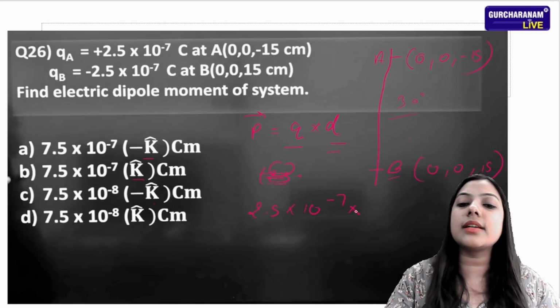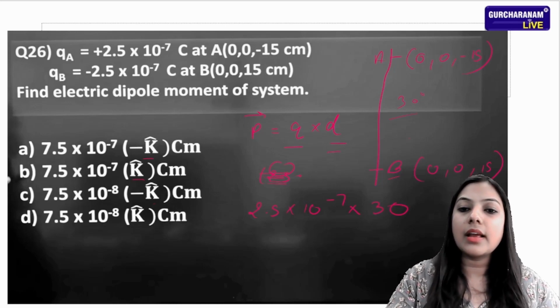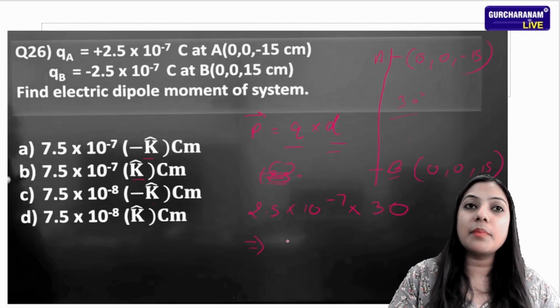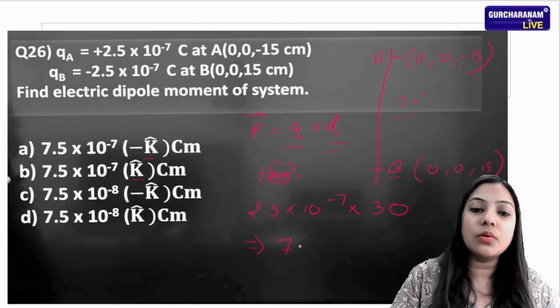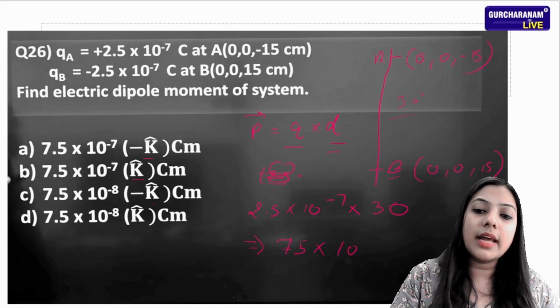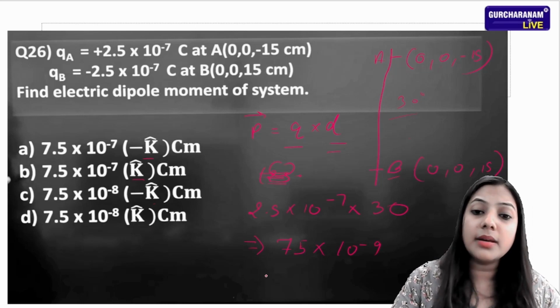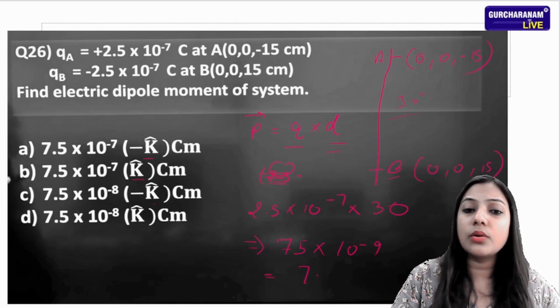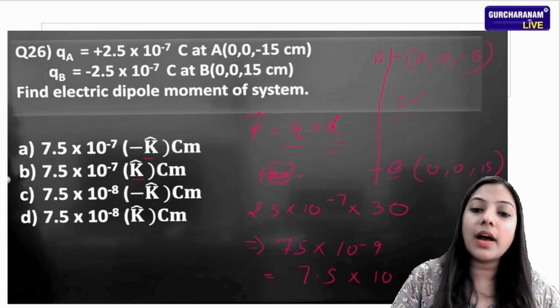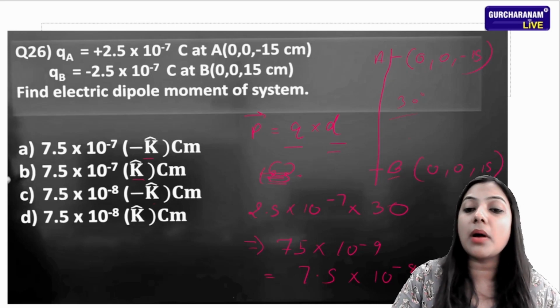So we take the distance 30, and if we multiply, we get 7.5 multiplied by 10 raised to the power minus 9, and according to the question, 7.5 into 10 raised to the power minus 8 centimeter in k cap.